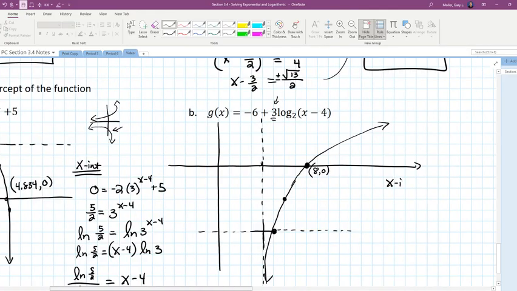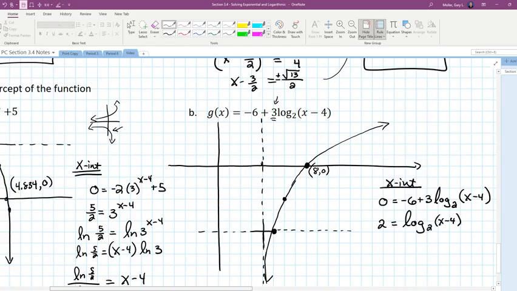So the x-intercept, we're going to let g of x equals 0. I'm going to add 6 to both sides, and then I'm going to divide by 3. So add 6 divided by 3 makes it 2 equals log base 2 of x minus 4.